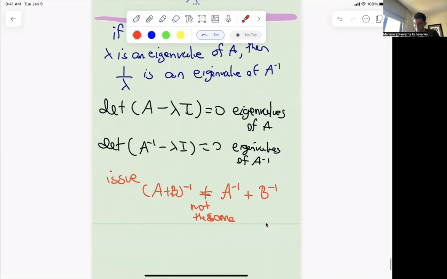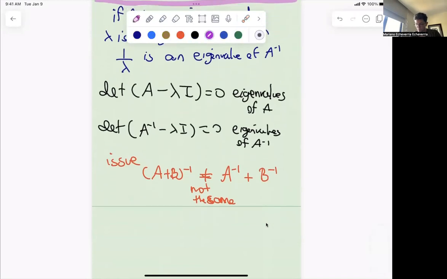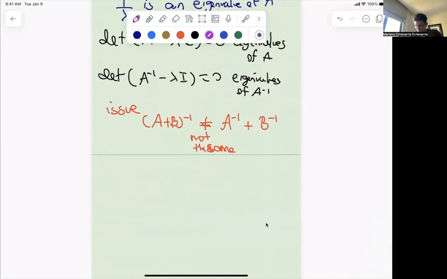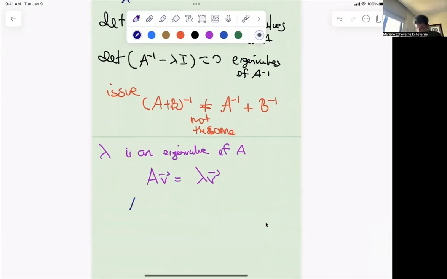It's actually more convenient here to just start with the equation for eigenvalue and eigenvector. So what does it mean to say that lambda is an eigenvalue of A? That just means that A V equals lambda V, right? And then what you have to do is multiply by A inverse on both sides of the equation.